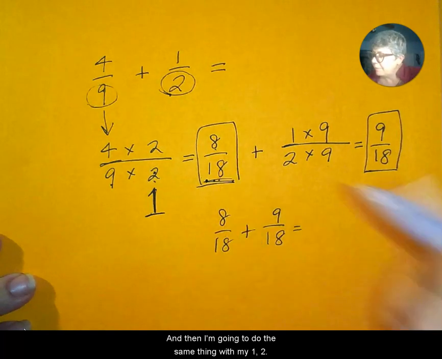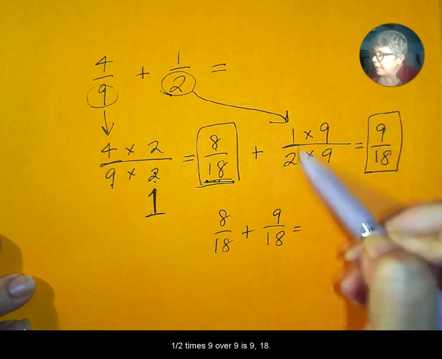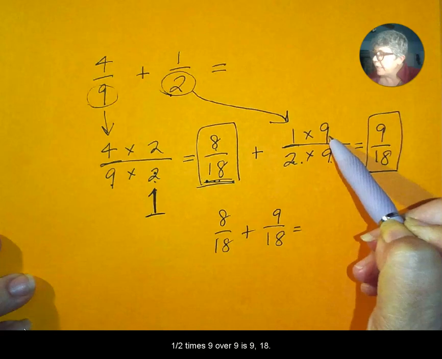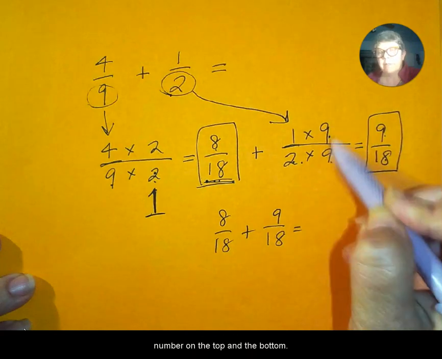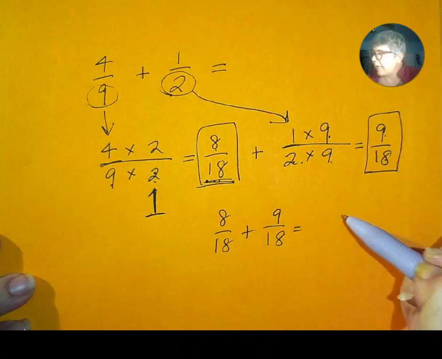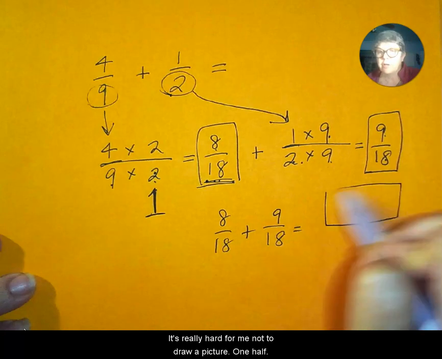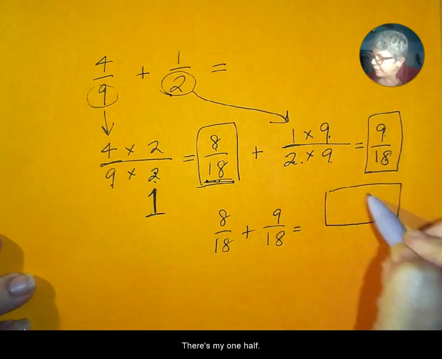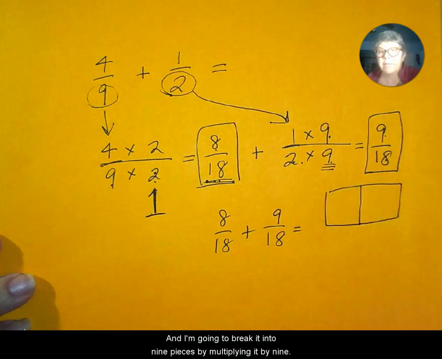And then I'm going to do the same thing with my 1/2. Here's my 1/2. 1/2 times 9 over 9 is 9/18. Once again, multiplying by the same number on the top and the bottom. And I'm just taking my 1/2. You know what? It's really hard for me not to draw a picture. 1/2. There's my 1/2. And I'm going to break it into 9 pieces by multiplying it by 9.